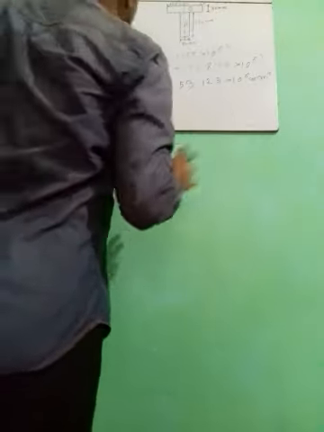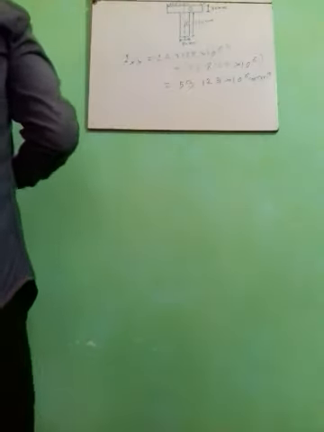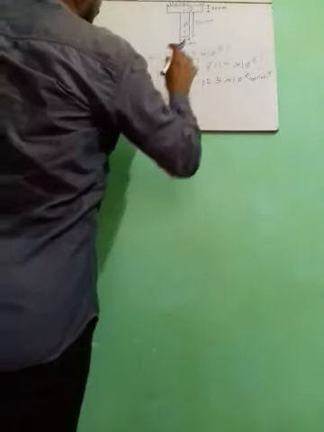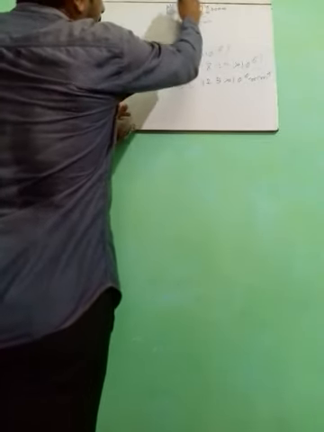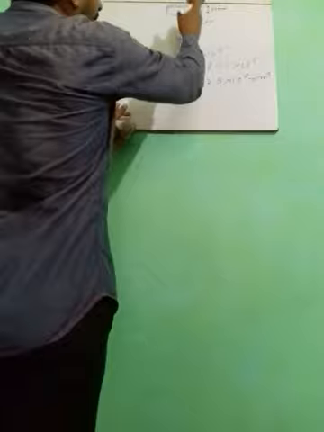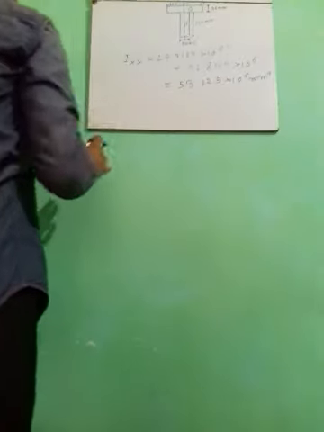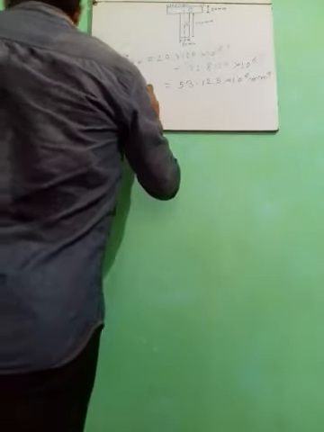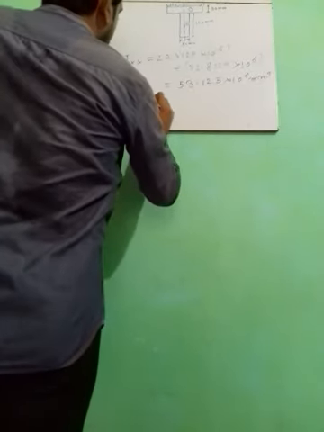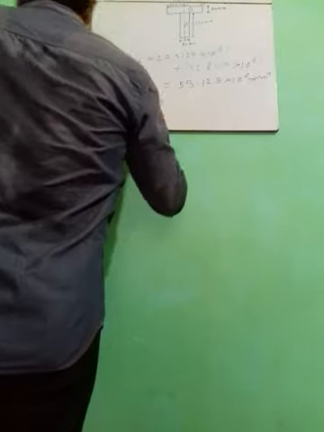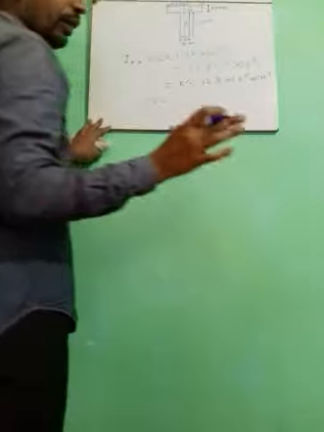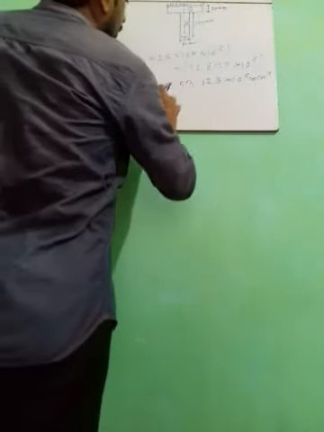Now the moment of inertia about the y-axis. The moment of inertia of section 1 about the y-axis is simple, as both figures and the total figure are symmetrical about the y-axis. According to the formula, the moment of inertia about the y-axis is 1/12 D B cube.